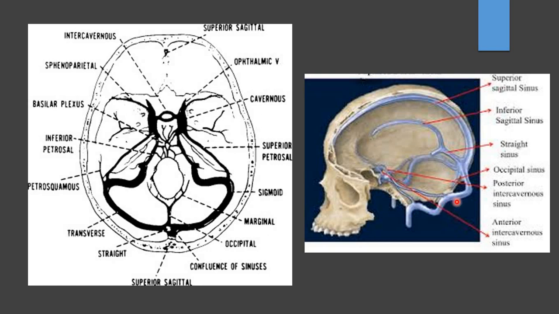If it's going posteriorly towards the confluence of sinuses and then superiorly toward the superior sagittal sinus, it can lead to superior sagittal sinus thrombosis, that in turn leads to blockade of the arachnoid villi along the walls of the sinus and subsequent raised CSF pressure or otitic hydrocephalus.